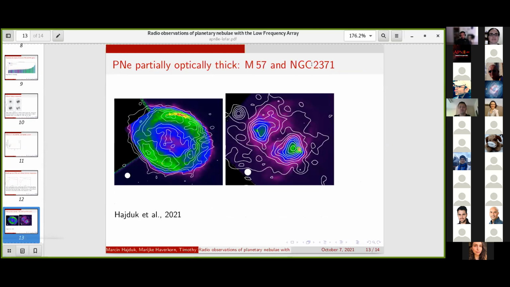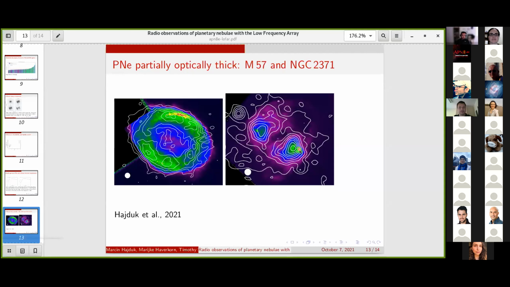In NGC 2371, we can observe also that radio emission is concentrated closer to the central star, but also if you look carefully, we can see that the maxima of optical emission are outside of maxima of radio emission, because these maxima correspond to so-called low ionization structures, which are much cooler than the rest of the nebula.